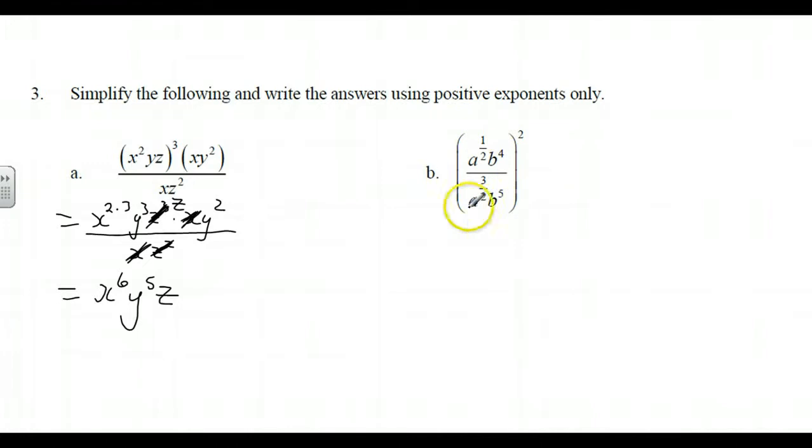Okay, so we have a quotient to a power, so it's going to be a 1/2 times 2, which is a to the 1, b to the 8, over 3/2 times 2 is 3, so that's a cubed, b to the 10th.